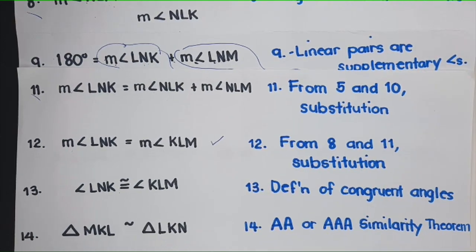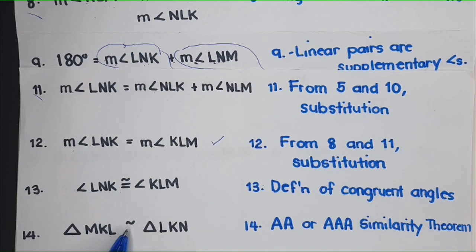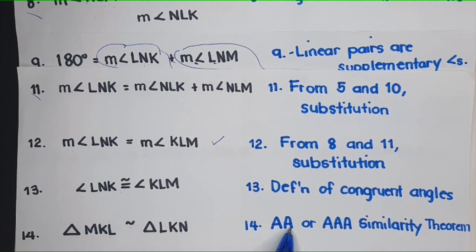Here. Okay? Triangle MKL is similar. Ganyan. That's how we write similarity symbol. Okay? To triangle LKN. Okay? That is justified by the angle, if you use two angles only, two congruent angles, or angle, angle, angle.